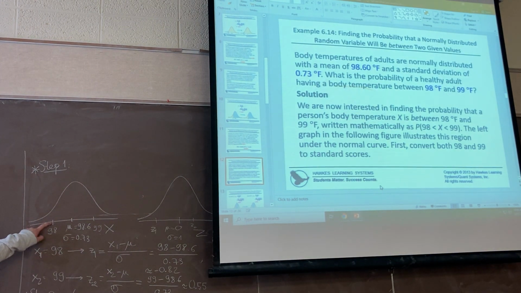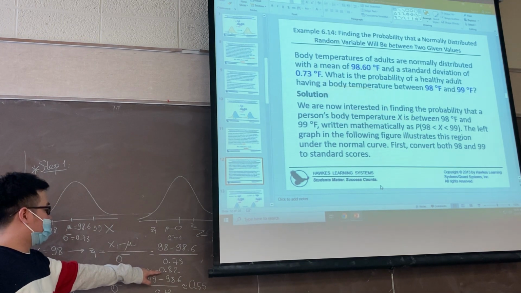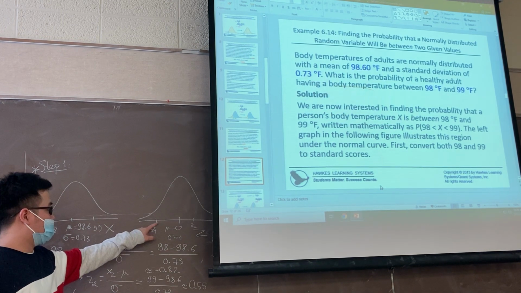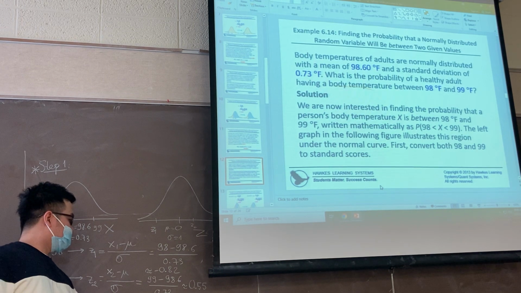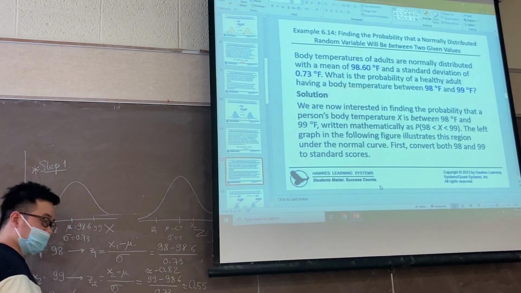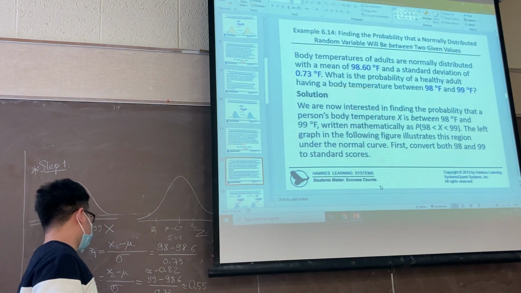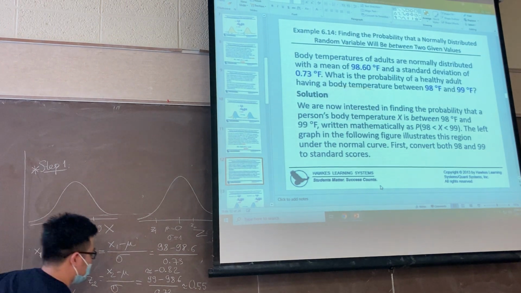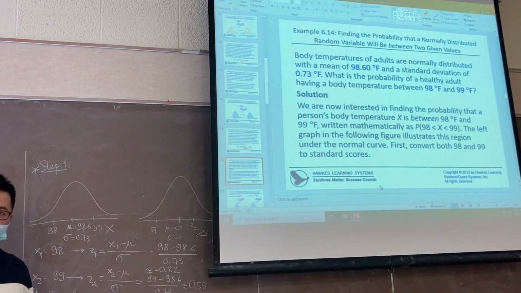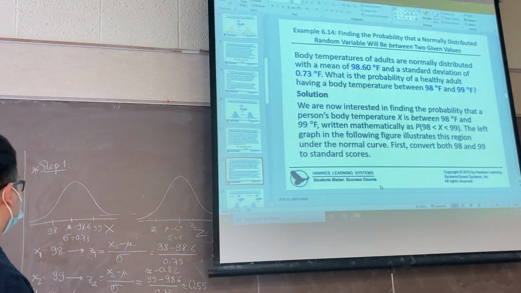Because you change 98 to z1, here negative 0.82, and 99 changes to this number. So you only focus on how to calculate this. And how to find this?